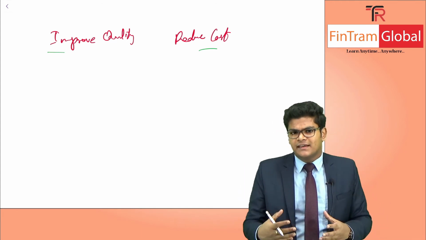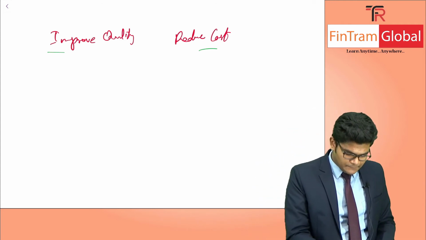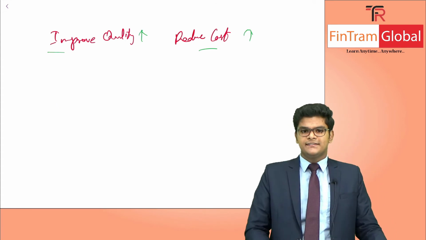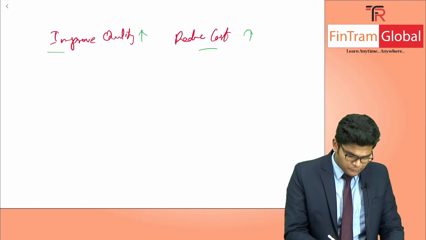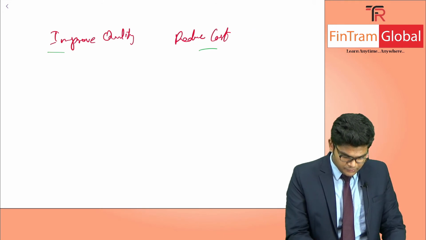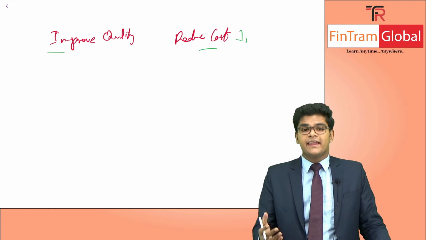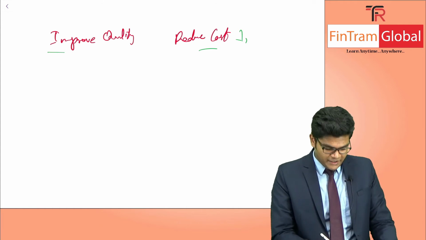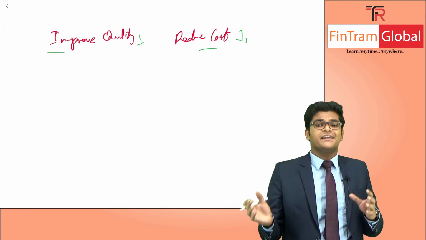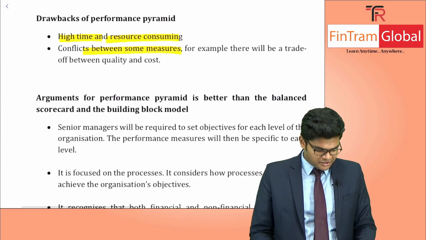So the idea is this, guys: if we try to improve our quality, then the cost will also increase, isn't it? However, if we plan on trying to reduce the costs within the organization, then there is also a chance that the quality might be compromised. So this is basically the idea here. Some measures might conflict with each other. That's basically the drawback of the performance pyramid.